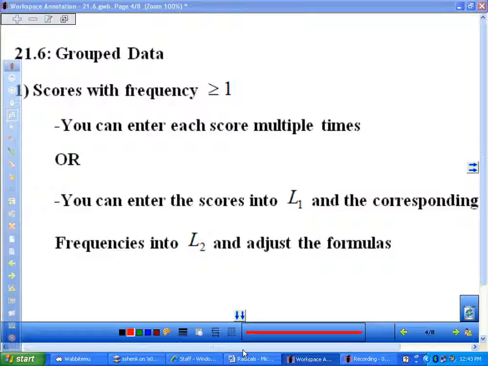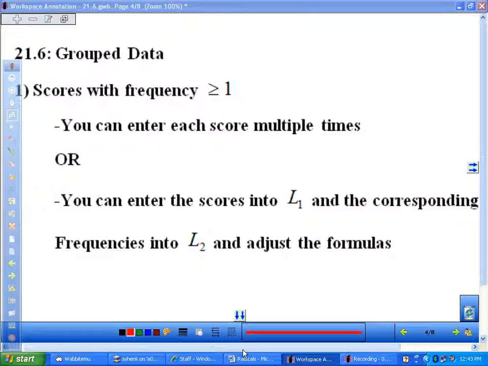And now what we just have to do is slightly adjust the formulas. We've got to make those formulas now accommodate these frequencies that we're plugging in. And there are only 4 formulas. We've got the formula for the average, the formula for the mean deviation, the variance, and the standard deviation. So we just want to see how they're going to be tweaked to take care of this frequency.